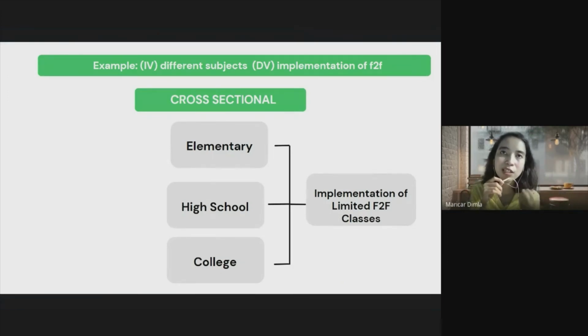college. Baka kasi ang dumating sa findings, may expected findings is dahil bata ang elementary, di ba, mga bagets. Okay, but baka they are not yet ready to have the face-to-face. Unlike sa college, they are much gigil to have their own limited face-to-face classes. And sa high school naman, hati yung decision.